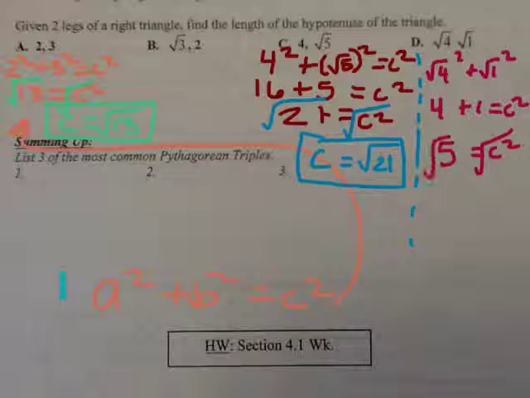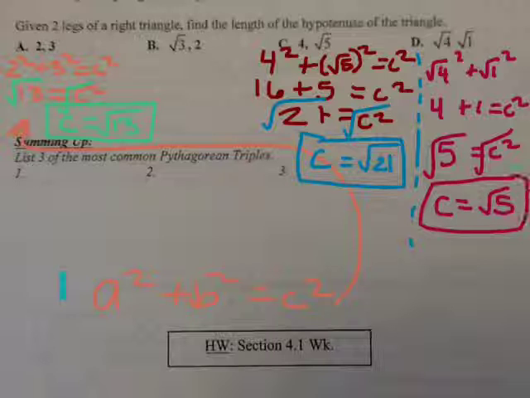Square root both sides. C is equal to radical 5. Can't simplify it, so you're just going to leave it as a radical. Again, this just means they're not Pythagorean triples because we're not getting whole numbers, and that's fine. Right triangle sides do not have to be whole numbers, and a lot of times they're not. But if all 3 sides are whole numbers, that just means it's a Pythagorean triple.